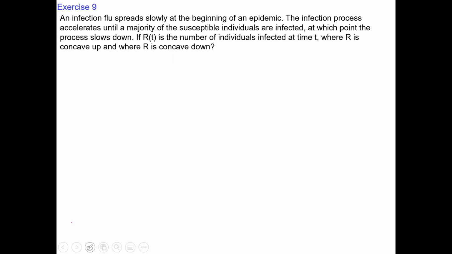Yes, we're assuming that it's increasing, but we don't know if this will be time, and this is R of time, the number of individuals. What we know is that near the beginning of the epidemic, it's spreading slowly.